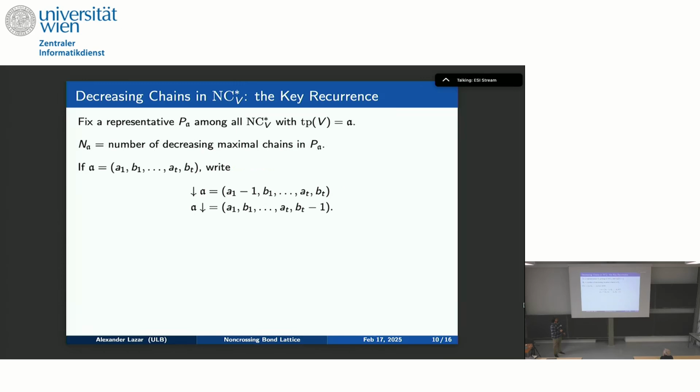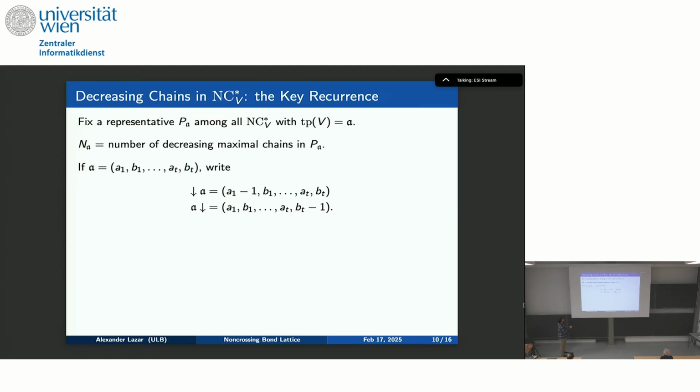Okay, so here's a recurrence that has haunted me. It's a little nasty. I want to count the decreasing saturated chains globally. So I want to get the Möbius invariant of this poset. So I've got some type vector A. I'll let N of A be the number of decreasing maximal chains.